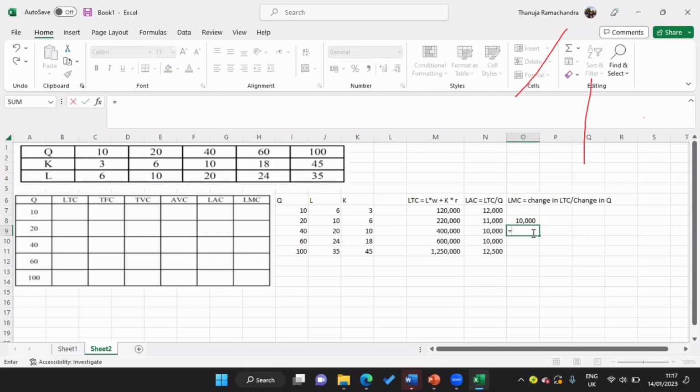And I'll do the next one as well. 220 becomes 400, divide by 20 becomes 40. Okay. Right. LTC, LAC, LMC. Okay. This is all for the long run.